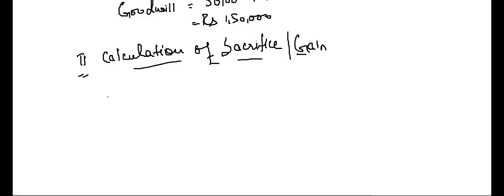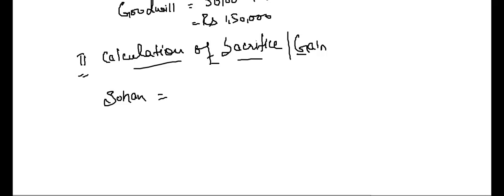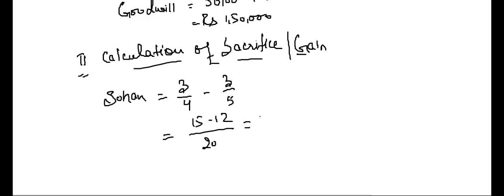Now first of all, Sohan, earlier they were sharing profits in the ratio of 3:1, so his share was 3/4. Now his share is going to be 3/5. If I take the common denominator 20, earlier his share was 15 and now his share is 12. That means there is a loss of share by 3. That means Sohan is sacrificing 3/20.